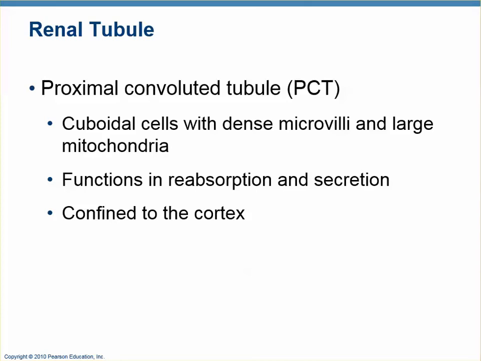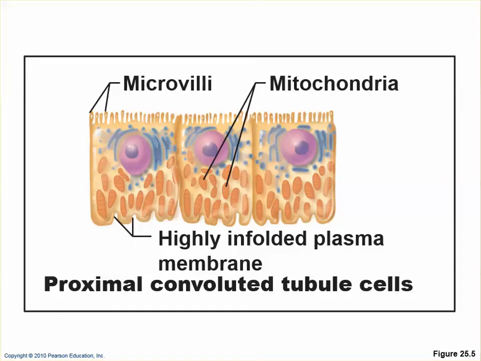What we don't want to keep are things like nitrogenous waste, ammonia, urea, that kind of stuff. There is a little bit of secretion that happens in here, but we'll talk about that later. So they end up looking like this.